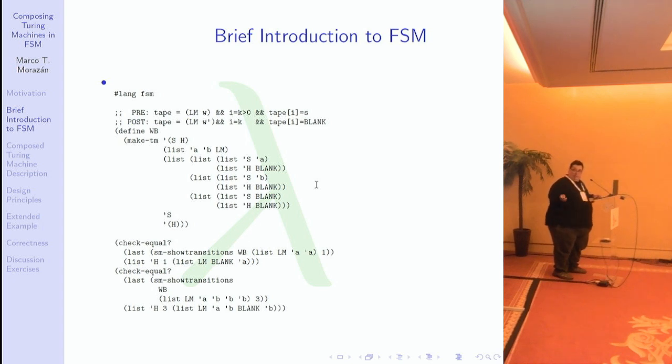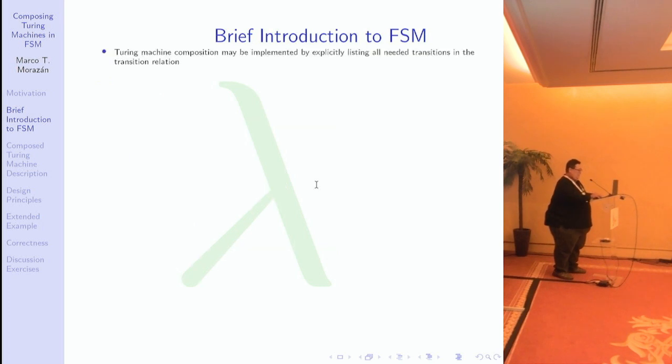Looking at the transition rules, no matter what state, no matter what is read, we simply write the blank to the tape and move to the halting or final state. Again, students can write tests to validate that their design works. By the way, feel free to interrupt me if you have any questions.